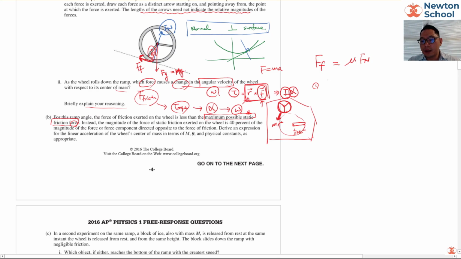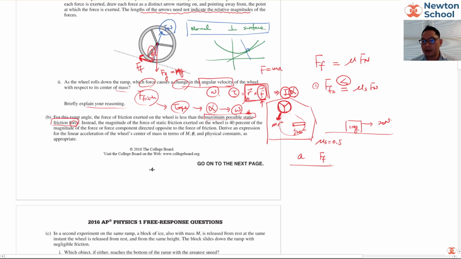If you have static friction, that's mu s Fn, but with a less than or equal sign. You have to be careful with this. If I give an example, let's say you have a mass of 10 kilograms, and let's say mu s is 0.5, and you apply a force of 20 Newton. What is the acceleration, and what is the force of friction?